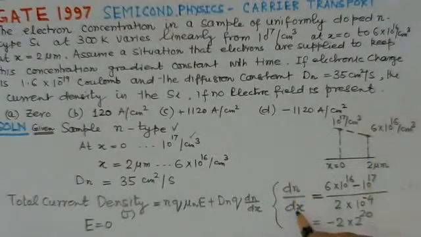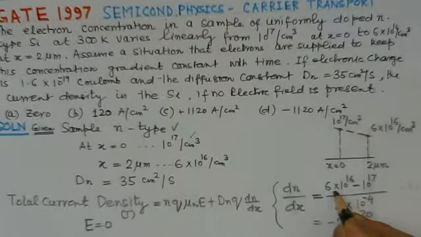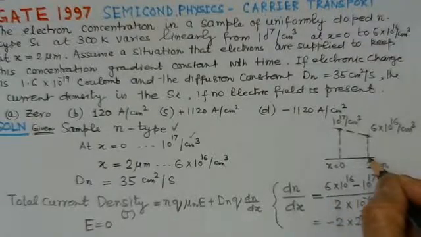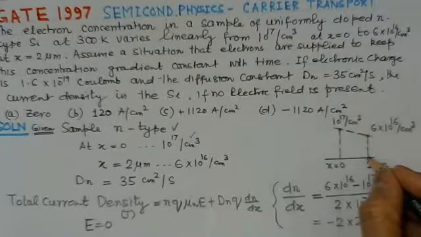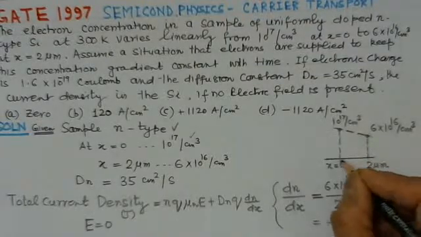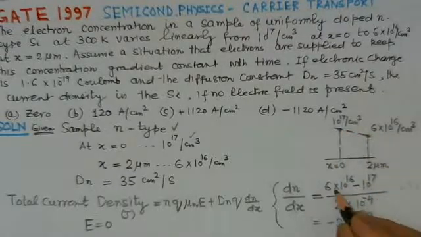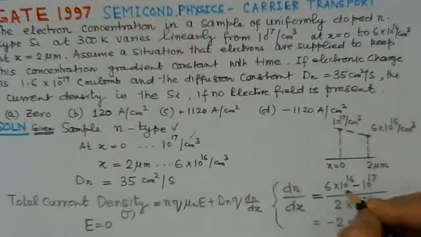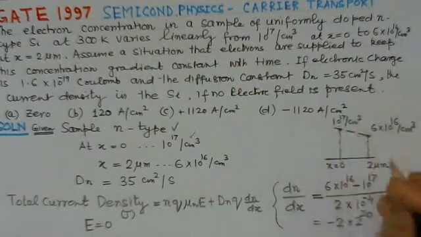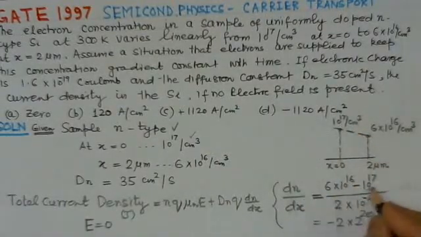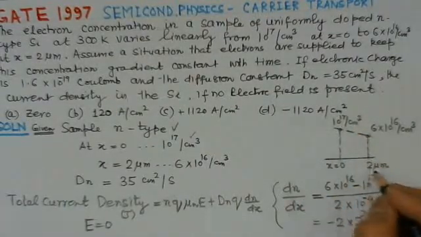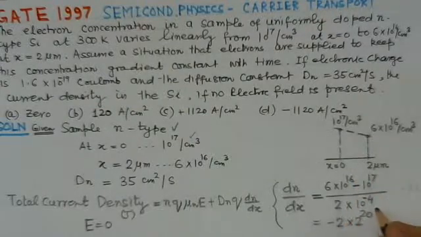So if we find dn by dx, this is the change in concentration over the change in x, from 2 micrometer minus 0. So we take 6 into 10 to the 16 minus 10 to the 17 as dn, and dx is 2 micrometer minus 0.